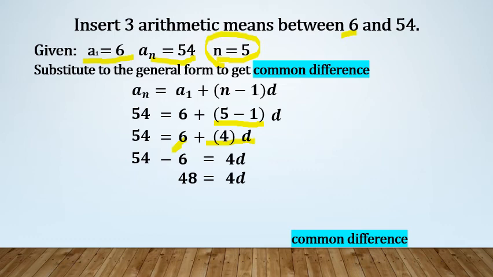Paano natin maalis ang 4? Simply divide both sides by 4. 48 divided by 4, we have 12. 4d divided by 4 equals d. The common difference is 12.